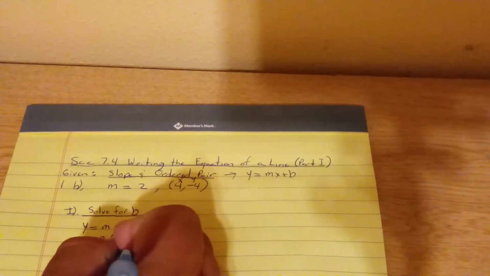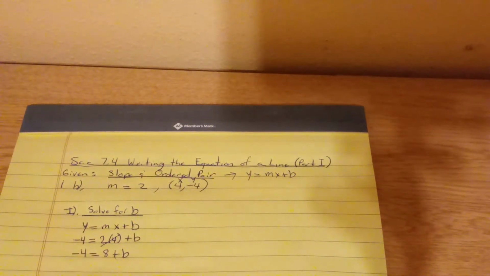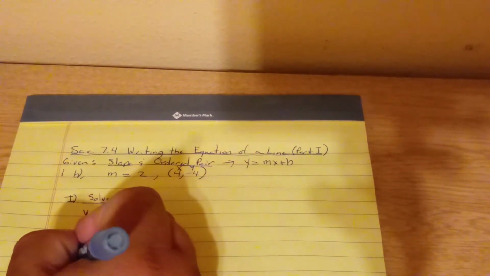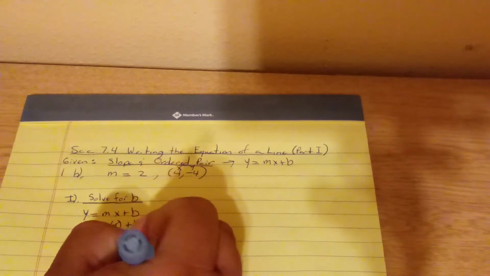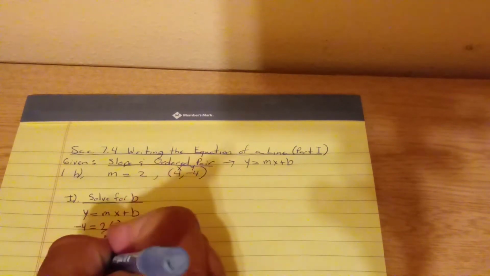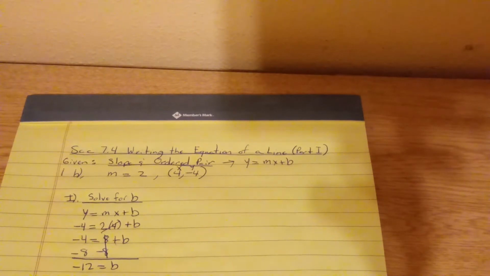First we multiply 2 times 4, which gives us 8. So that gets rid of this, plus b. And remember, we've got to isolate b, so we've got to get rid of the 8. So we subtract 8 from the other side. -4 minus 8 will give you -12. So b is equal to -12.